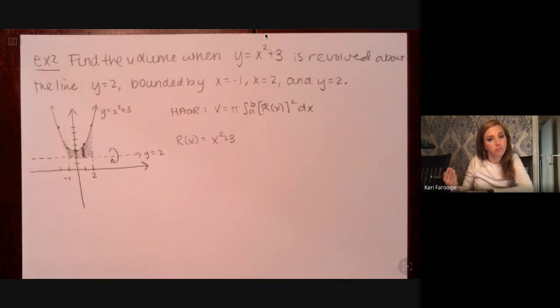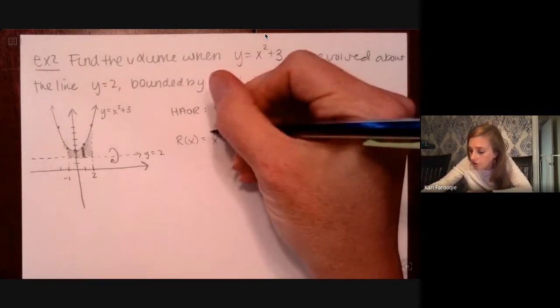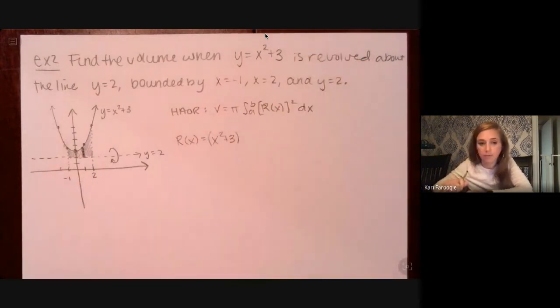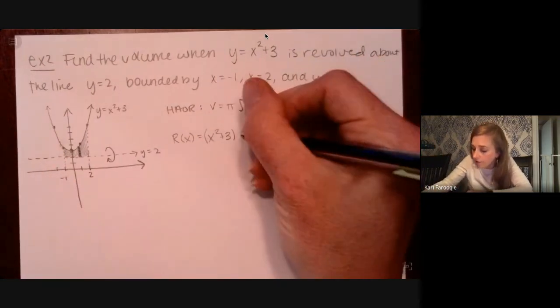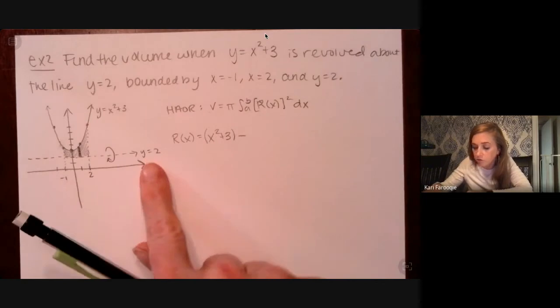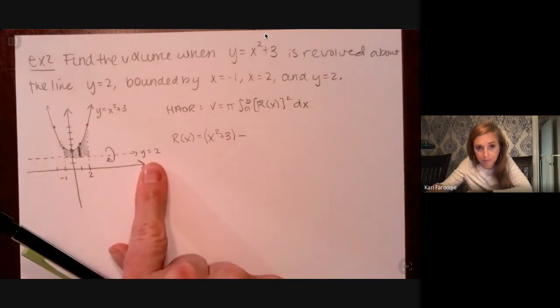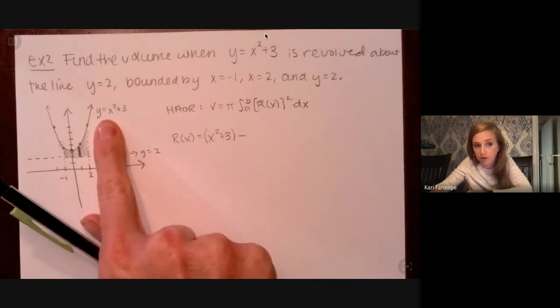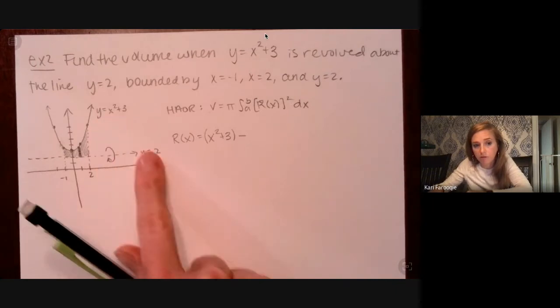So you should be thinking about this in terms of top minus bottom. You're going to take off that axis of revolution wherever it happens to be. So you're taking the function x squared plus 3 and then subtracting off 2. That's your bottom. So y equals x squared plus 3 minus y equals 2.